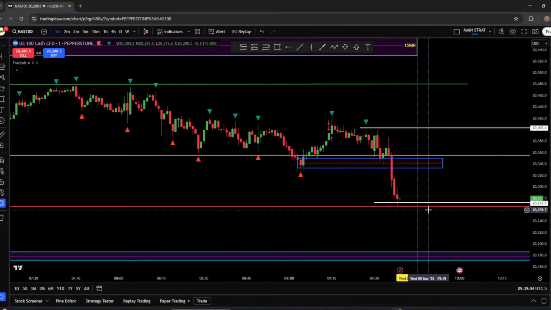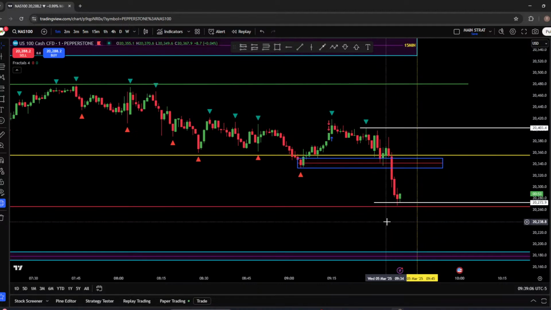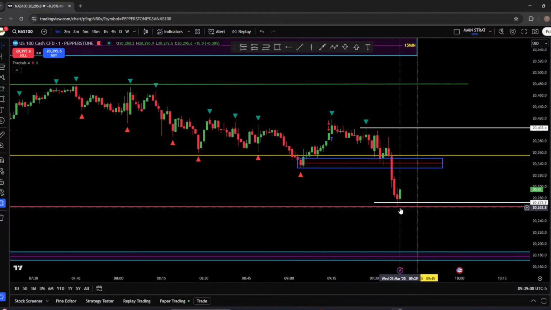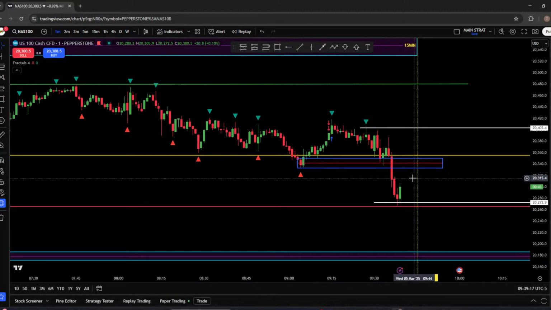Really didn't get the pullback that I wanted. Well, I guess it's going to leave that. If it leaves that there, I kind of like it and I kind of don't.